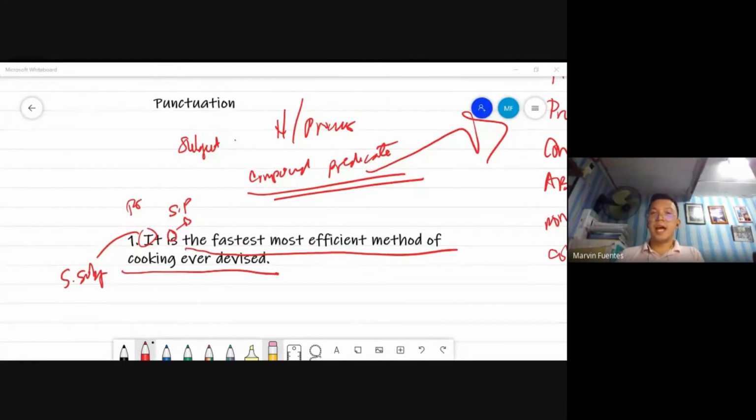We have already identified the simple predicate, which is in the form of auxiliary verb, plus the simple subject, which is the pronoun, it. Again, pronoun, it replaces a noun. Yun lang yun eh. Ayun ang function ni pronoun eh. Kapag wala si noun, pronoun ang papalit, and then it should agree with the pronoun antecedent.